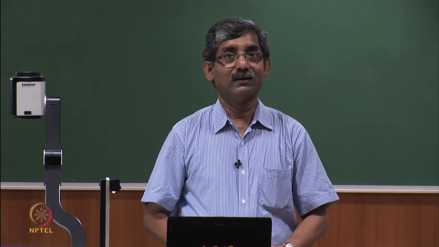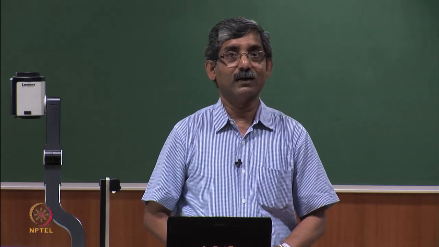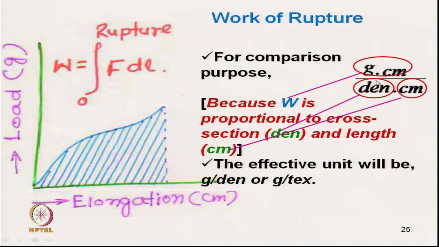That is why the work W is proportional to the denier, and also as the initial length of the specimen is high, then the work requirement will be high, because the extension will be high. So, the work of rupture will be high. So, the work of rupture changes proportionally with the denier and with the initial length.